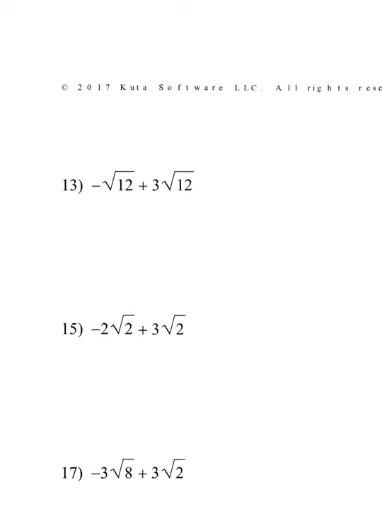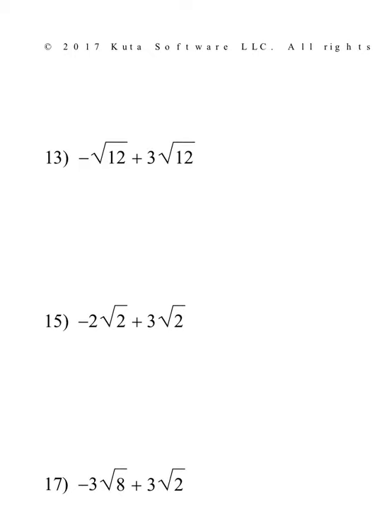Okay, so like I said before, the only way we can add and subtract radicals is if they have the same radical, or the same number underneath the radical. So in this case, we can add and subtract because these are both the same. And remember I said whenever there's nothing in front, we can put a 1, so we remember that there's a 1 there.